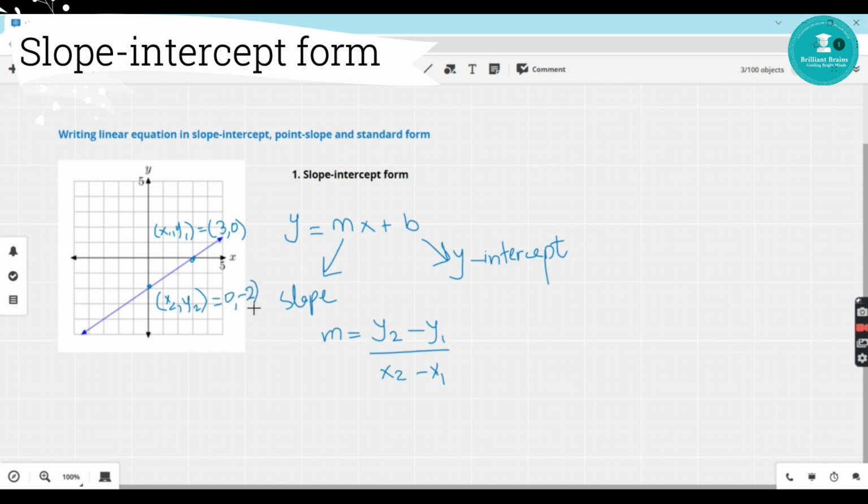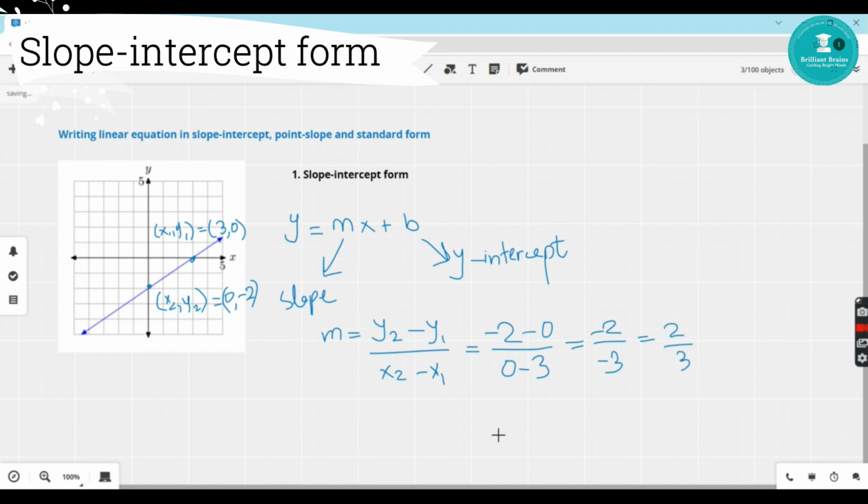I'm going to plug in these 2 points on this slope formula. y2 is minus 2, y1 is 0, divided by x2 is 0, minus x1 is 3. Just do some simplification. Minus 2 divided by minus 3, we can cancel out all the negative signs. We'll get 2 by 3 as the slope.